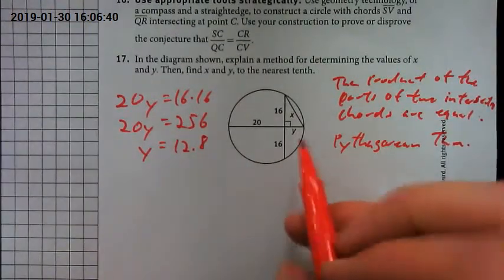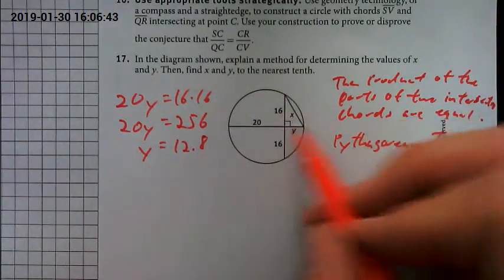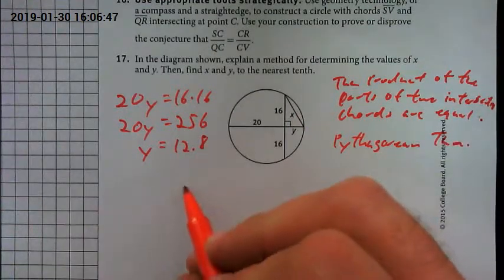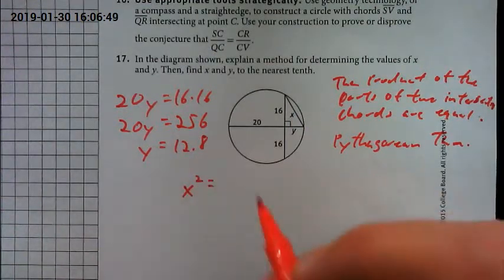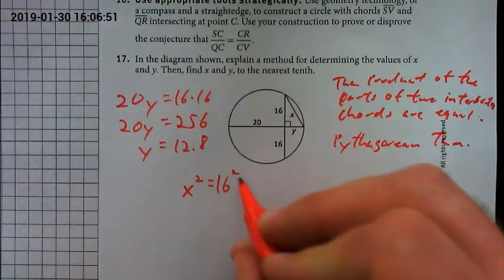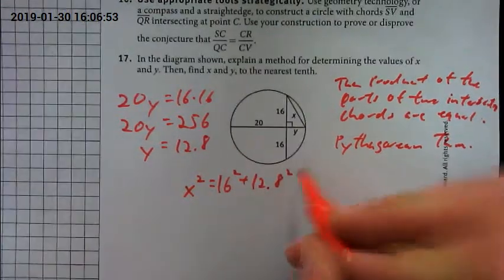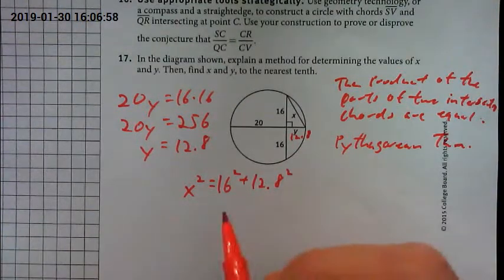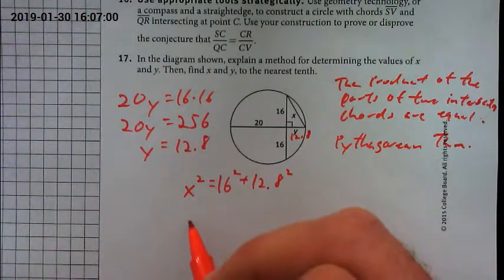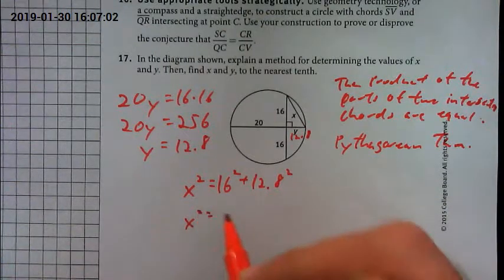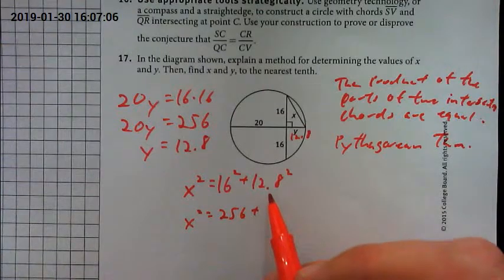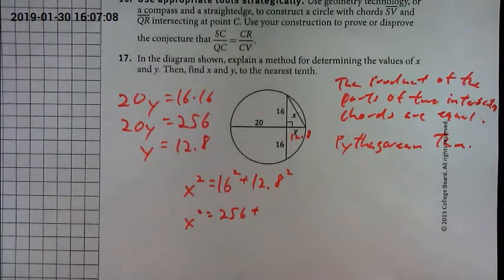So we have y. Now that we have y, we have two sides of a right triangle. So x is our hypotenuse. So plug in x squared equals 16 squared plus 12.8 squared. Because again, this is now 12.8. 16 squared, we already did that earlier. That's 256. 12.8 squared, I need a calculator for that.